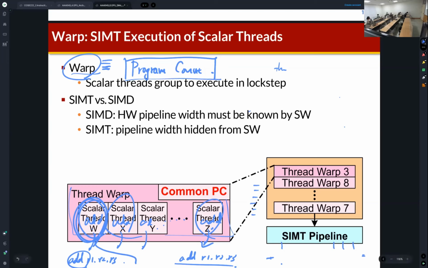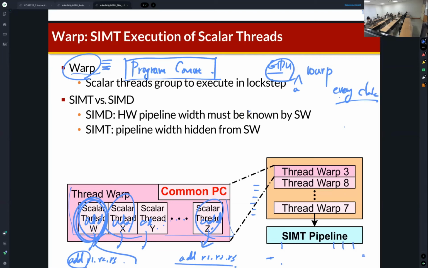The GPU executes a single warp every clock. That is the GPU's execution model.